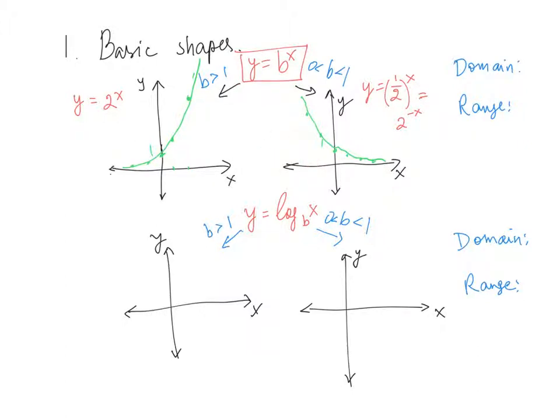Okay, graphing logarithmic function on its own is not very easy. So instead, we are going to use the idea that logarithm is the inverse function of exponential function with the same base. So let's visualize the line y equals x. And I'm not going to draw it here.